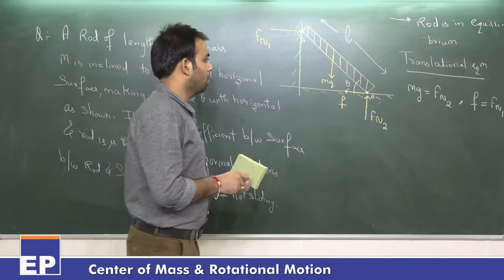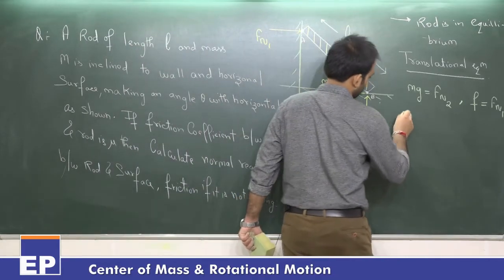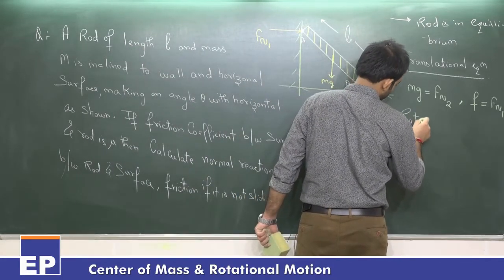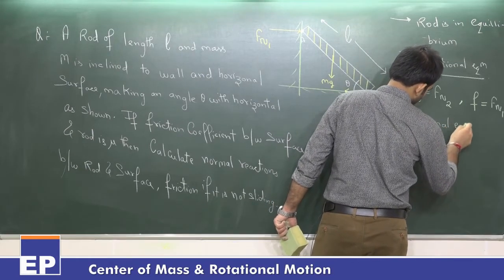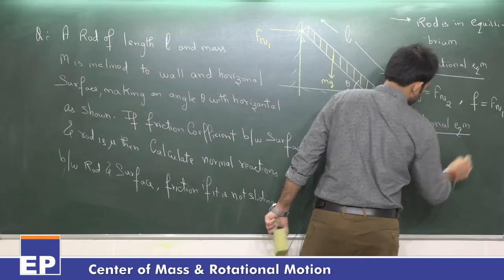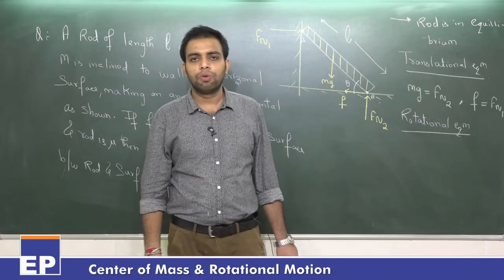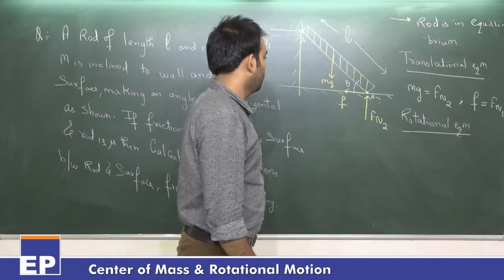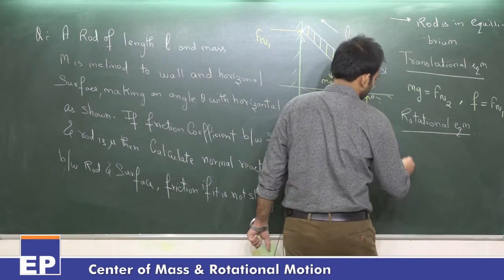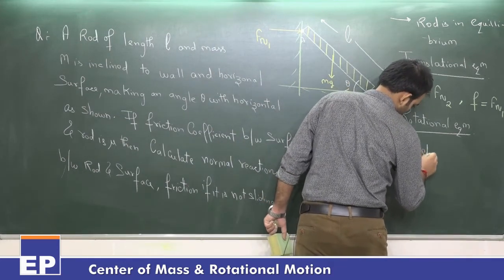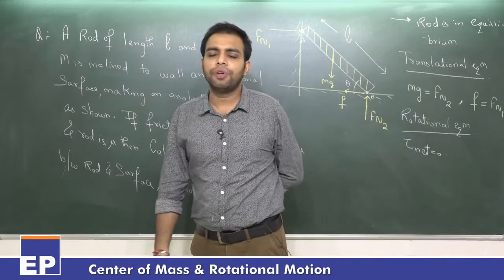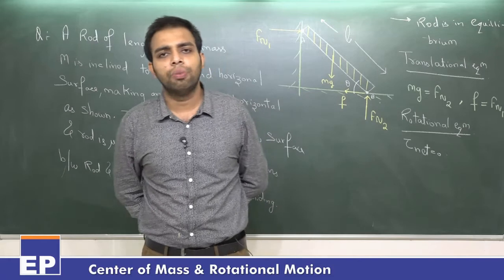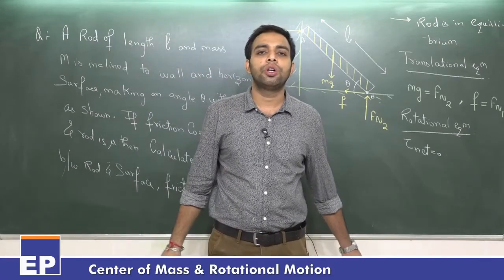And for the rotational equilibrium, we can say the net torque is 0. If it is in rotational equilibrium, the net torque will be 0 about each and every point of the body.